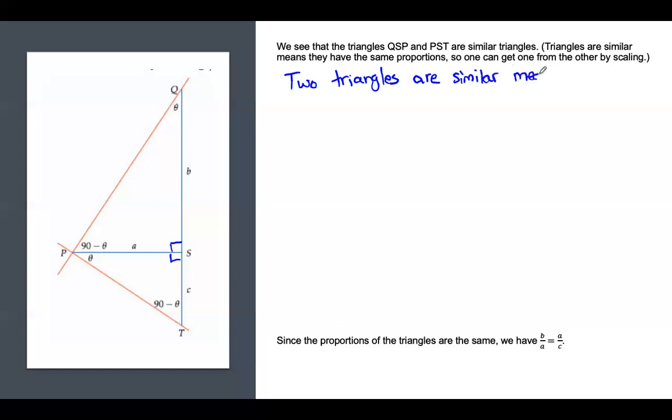Essentially means that their angles are the same, but their side lengths can be different.